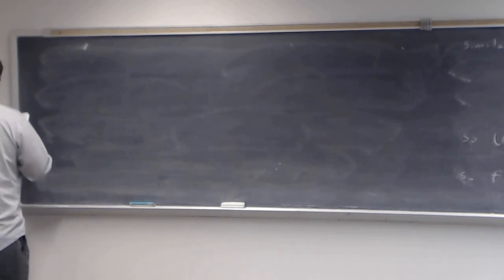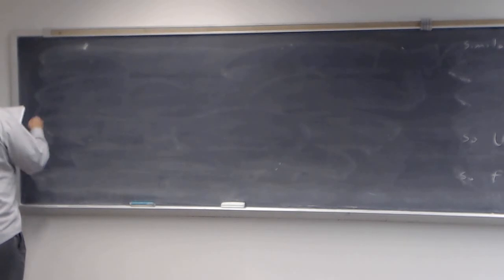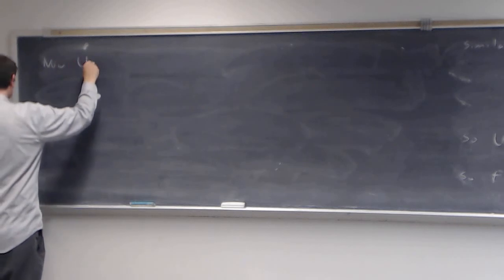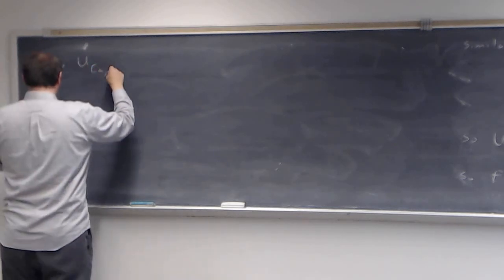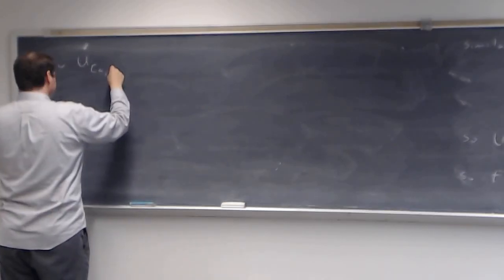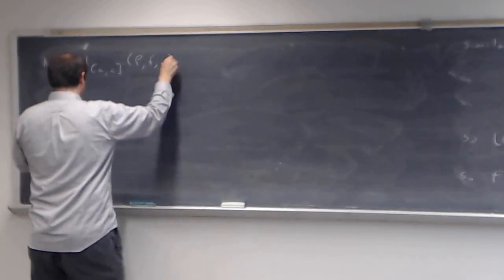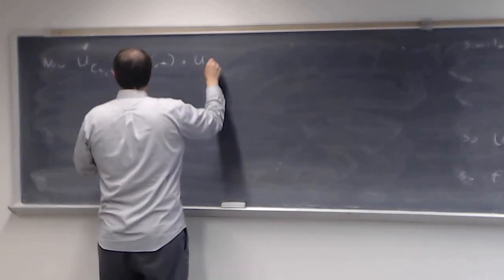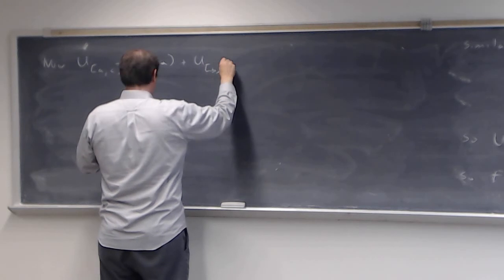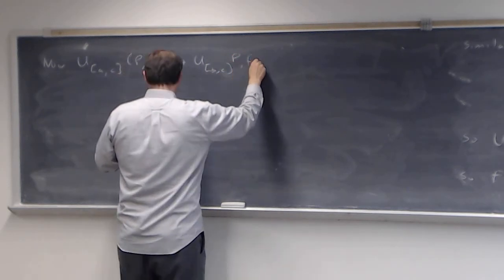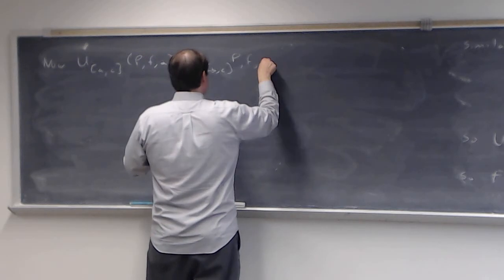Now, an upper sum from A to C of a partition F alpha plus the upper sum from B to C partition F alpha.